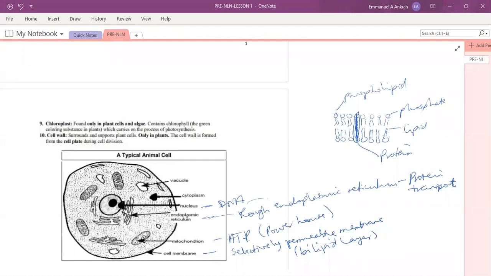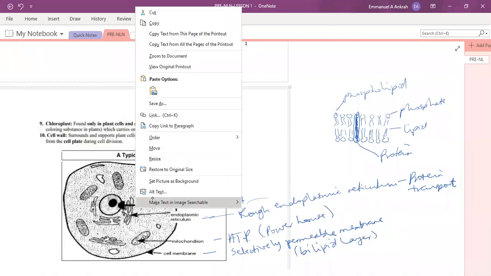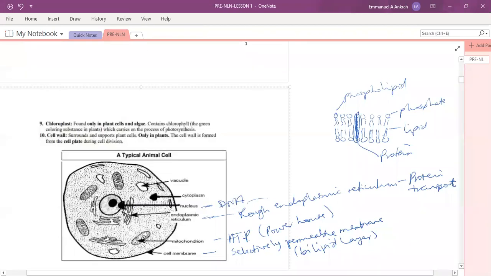The ribosomes will be somewhere here on the surface like this.